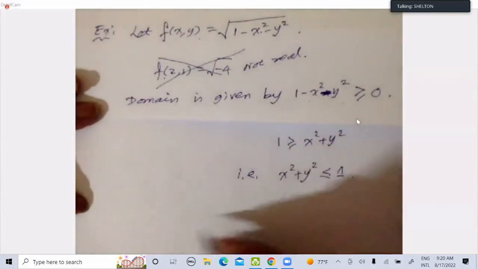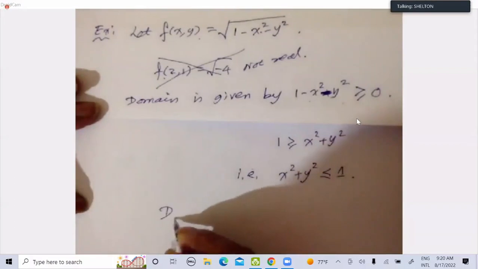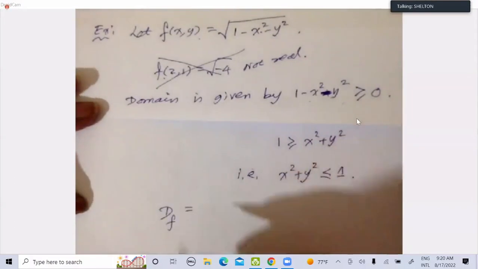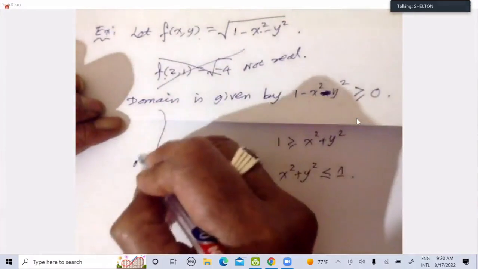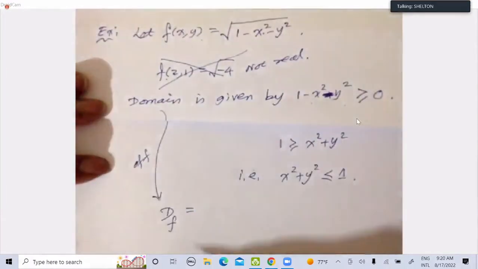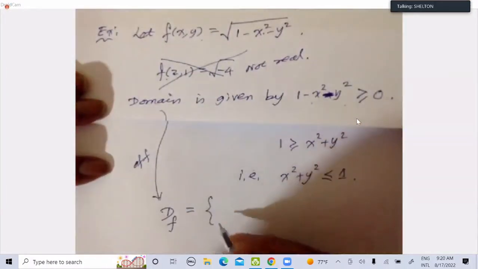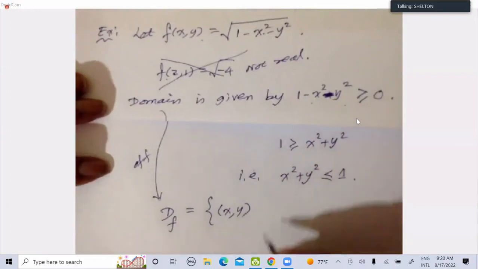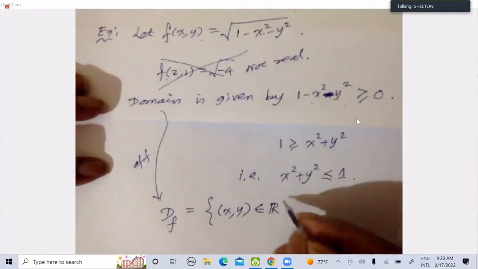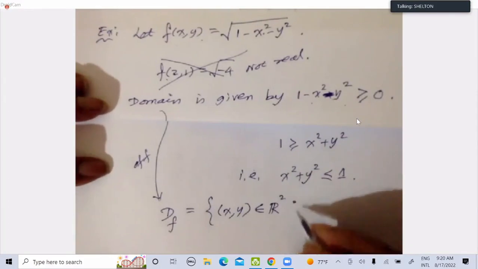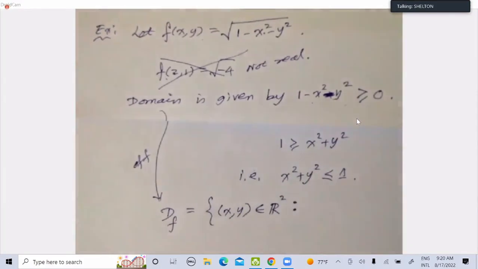So, what is the domain of the function? D of f, domain of f, we denote by D_f. The domain of f is (x, y) in R2. I'm just trying to make you a little more mature mathematically to understand this notation.